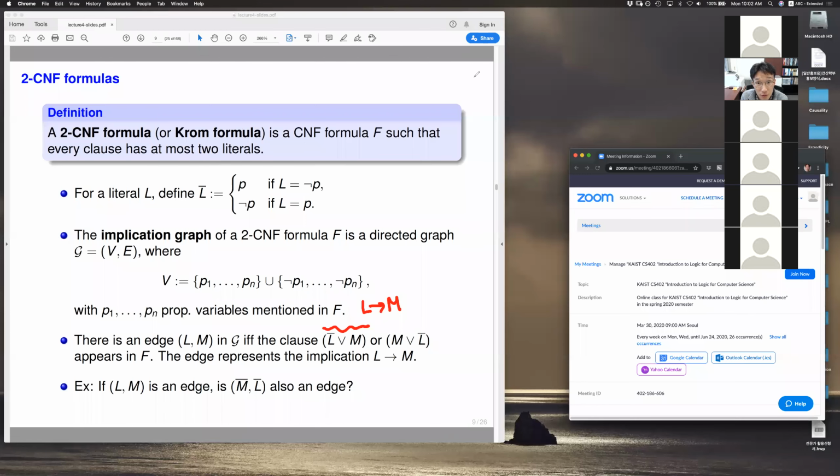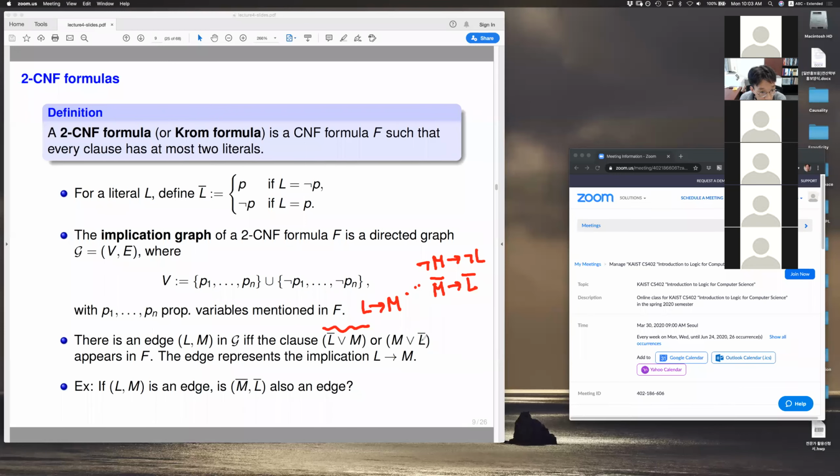If L implies M, then what we do know is that the negation of M implies the negation of L. Using the notation that we have, M bar corresponds to the negation of M and L bar to the negation of L. So if L implies M is true, then we expect M bar implies L bar also to be true.